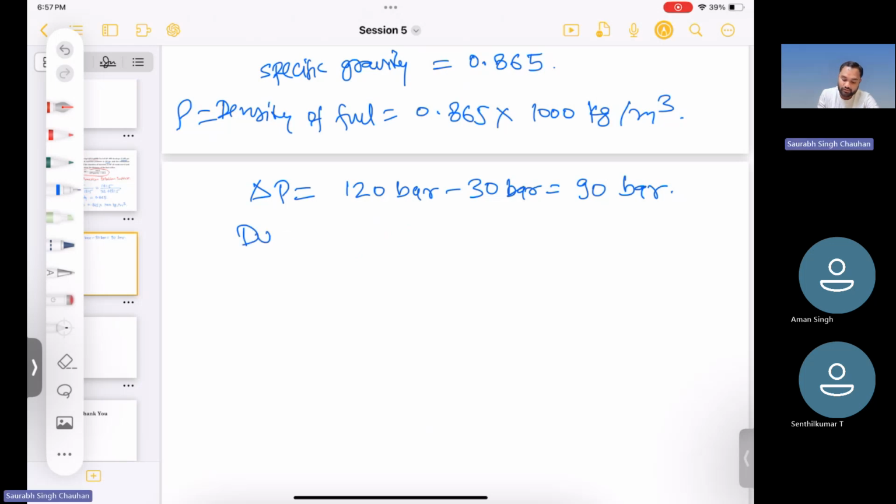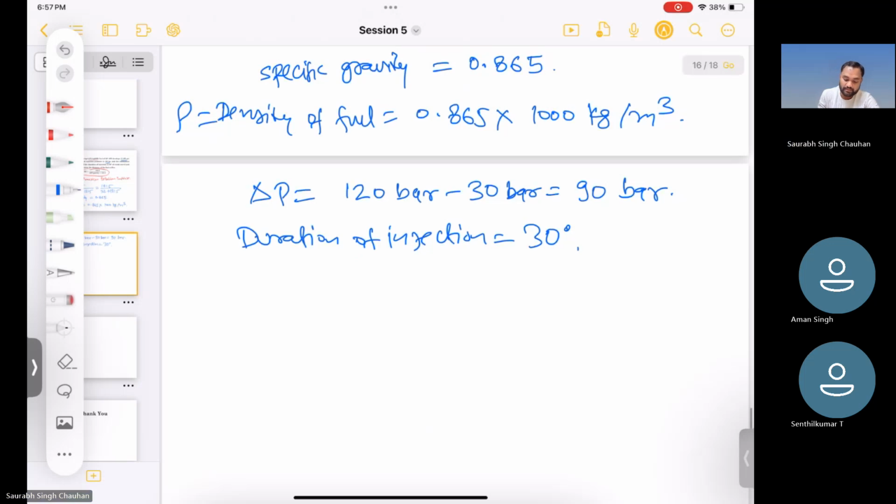What else is given? Duration of injection is also given: 30 degree. Now you can calculate the fuel consumption per cycle. So what will be the fuel consumption per cycle?